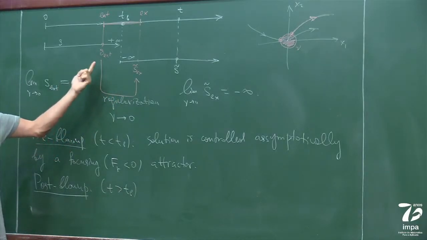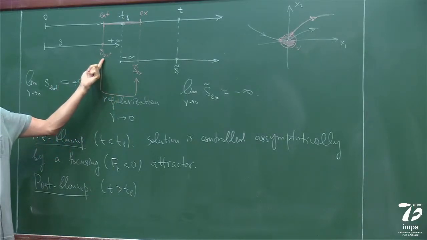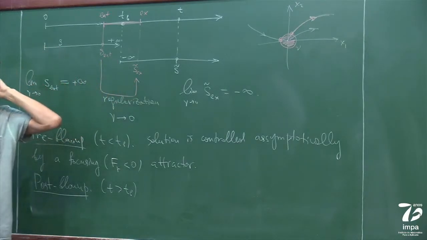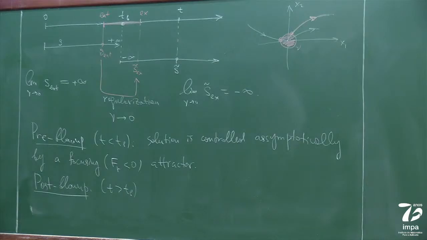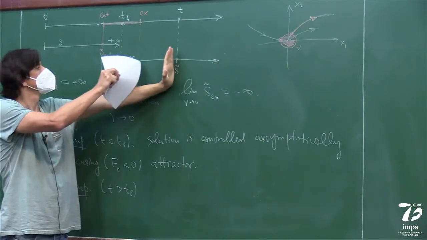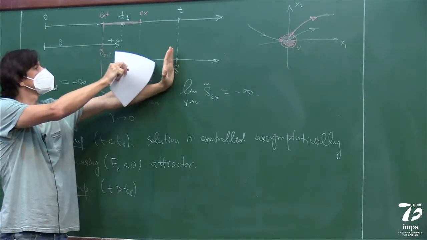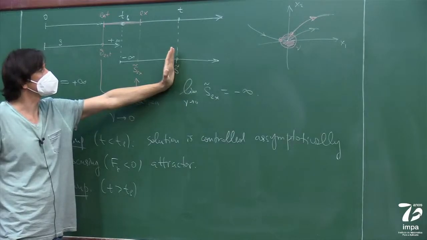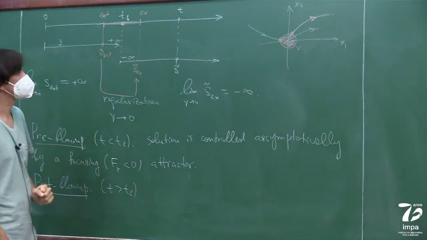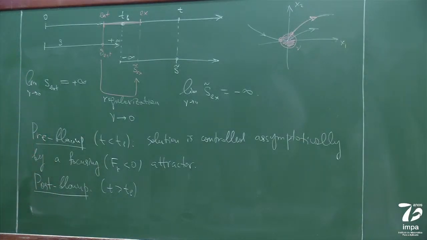We don't send the regularization time to plus infinity, we send it to minus infinity. So we send it to our far past, which means that whenever we reach any finite time, the time interval is getting larger and larger in the implicit limit. So at any finite time, we're exactly on the attractor. It's not asymptotic, we should be exactly on the attractor.